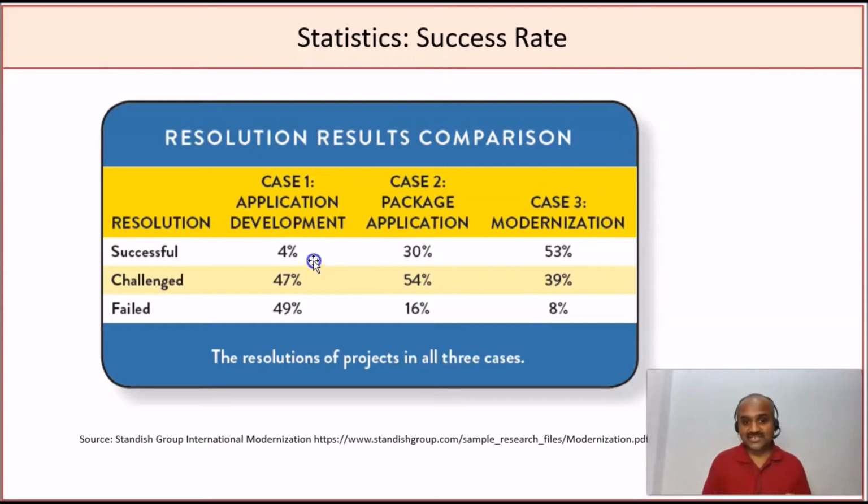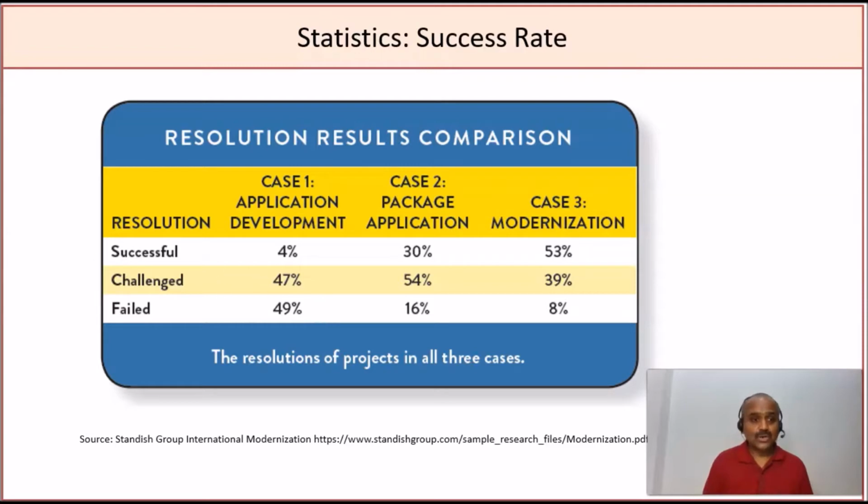It's quite strange. Similarly, for packaging applications, 30% of the projects are successful. For enhancements or modernizations, 53% of the projects were successful. For development projects, 4% were successful, 47% were challenged, and 49% failed.